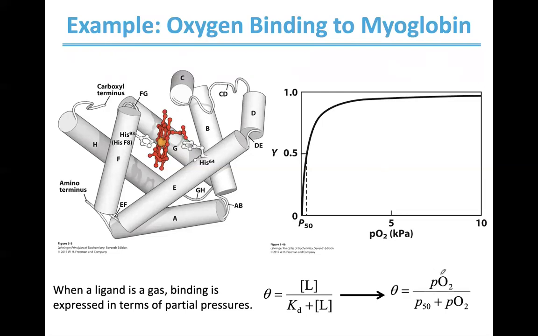And you can see here, now we have the actual numbers already, so these are not arbitrary units. Then KD becomes the partial pressure of oxygen at which half of the oxygen sites on myoglobin are occupied with oxygen. So that's P50.